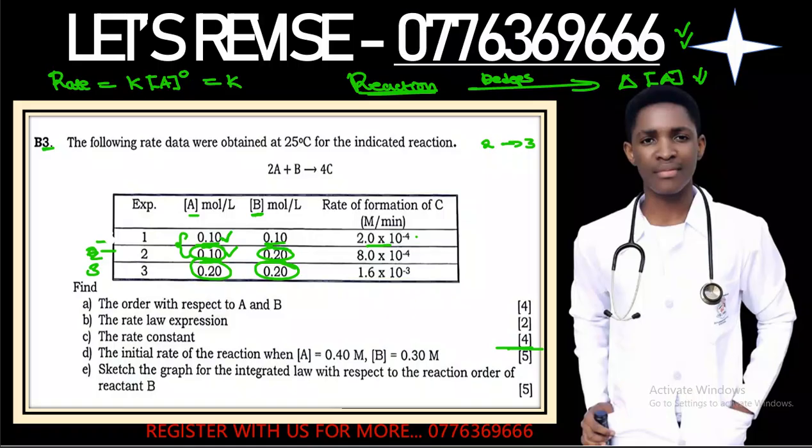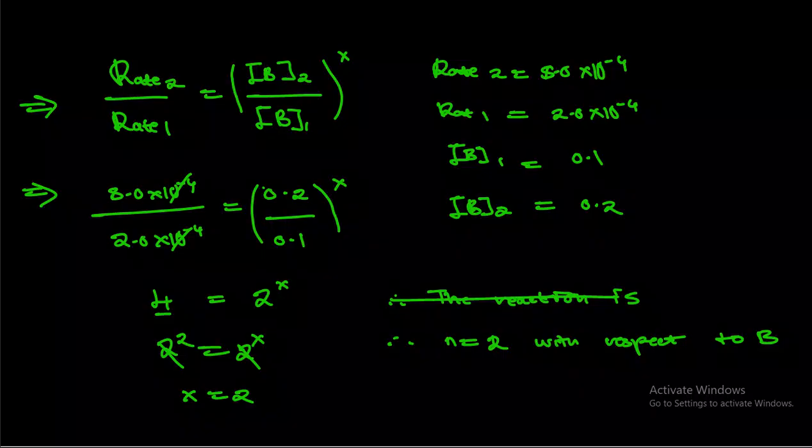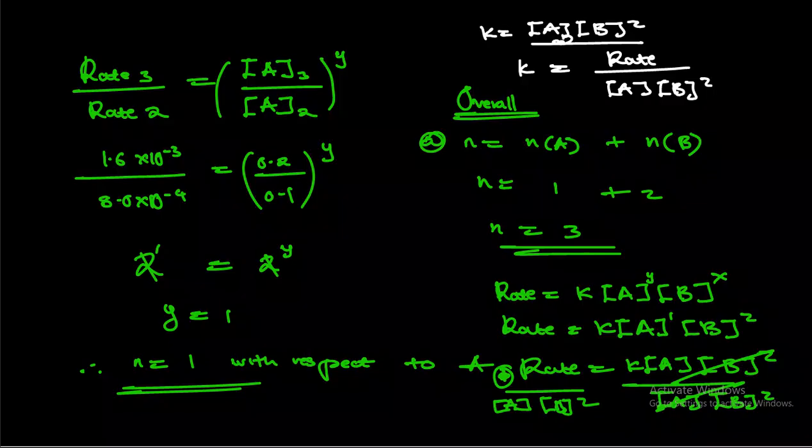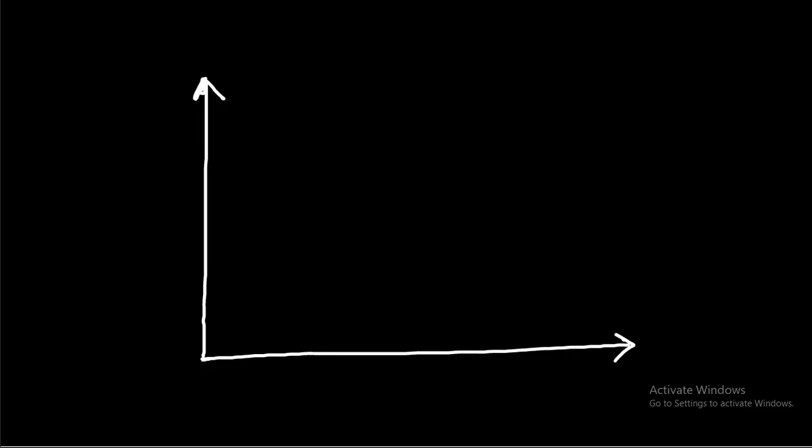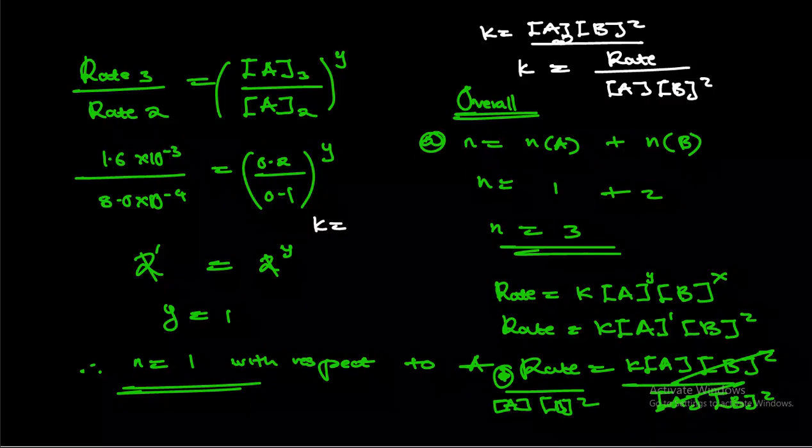So I'm going to say the value of k for experiment 1, the rate is 2.0 times 10 to the power negative 4.